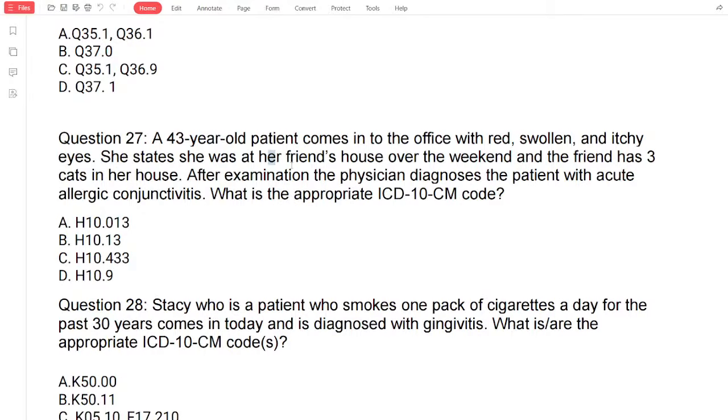The patient had some allergic conjunctivitis mentioned. In our options, B is the correct answer, H10.13, because that is for acute atopic conjunctivitis, bilateral.